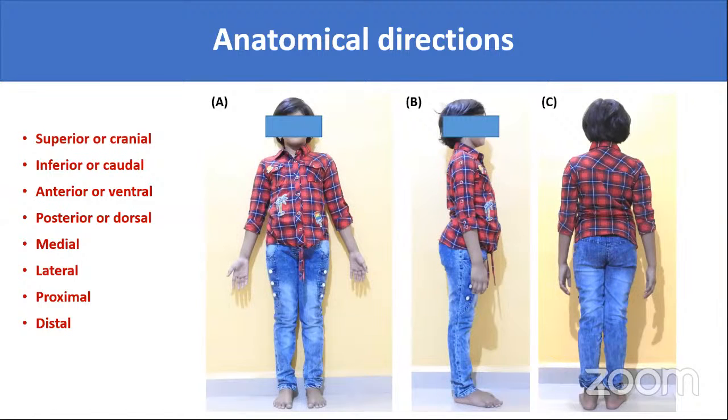With this unit, you are going to come across these terms now and then, so you should be familiarized with all these anatomical terminologies or directions. While learning these muscles, your understanding will be much better.